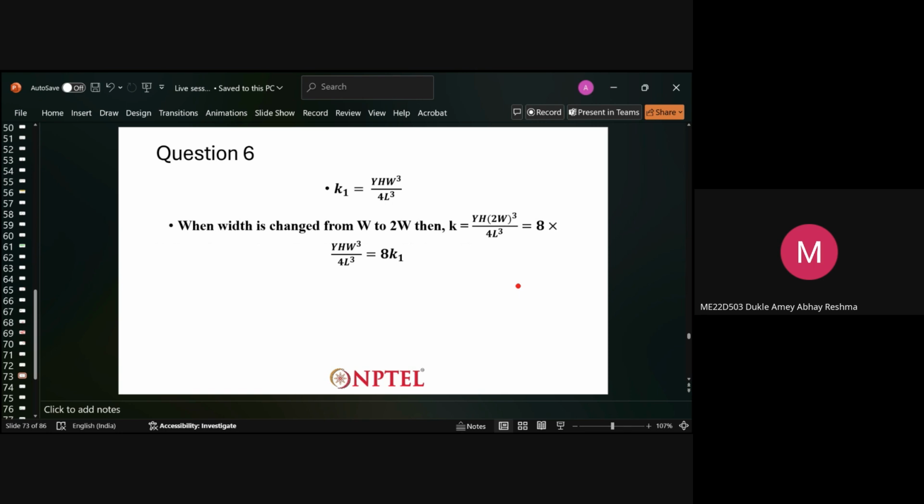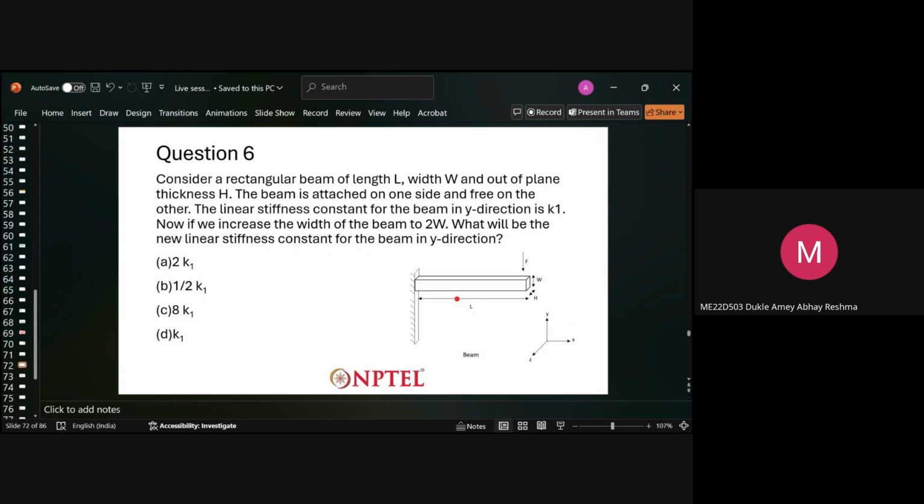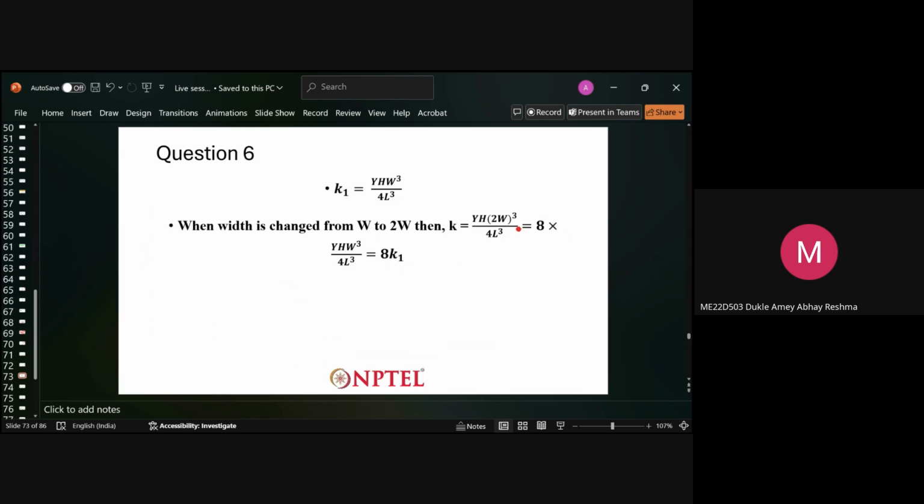Because it's along the y-axis, the cross section is W along the y axis, and this is H. I had given the shortcut earlier.